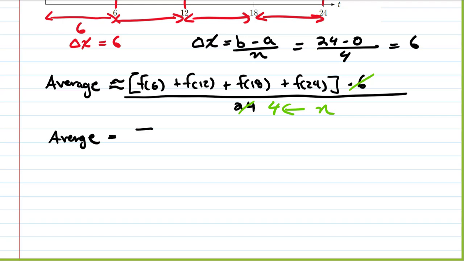The average would be equal to the sum as i goes from 1 to n of f of x sub i divided by n.